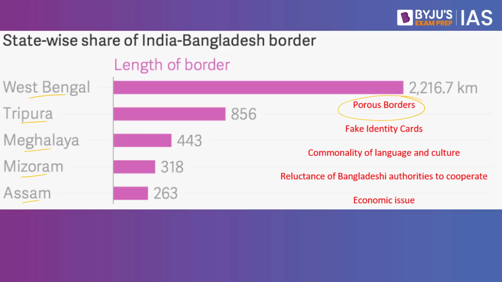But then what we have is an entire stretch of plain, riverine, hilly, jungle region. There are no natural obstacles, and this particular area is heavily populated, and there are many regions where cultivation goes up to the last inch of the border. Because we have porous borders, and because we have a large number of people along the border areas, it becomes very difficult to regulate this migration along the border areas of India and Bangladesh.